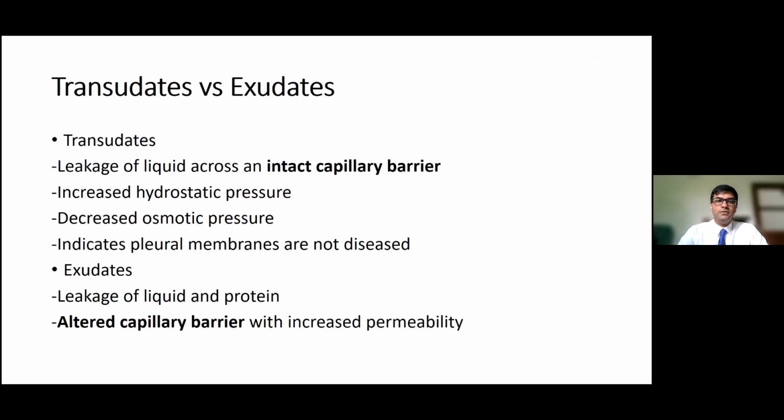First, a transudate is formed due to leakage of fluid across an intact capillary barrier. It may be due to increased hydrostatic pressure or decreased osmotic pressure. It indicates that the pleural membranes are healthy. However, exudates are caused by leakage of fluid or protein due to altered capillary barrier with increased permeability.